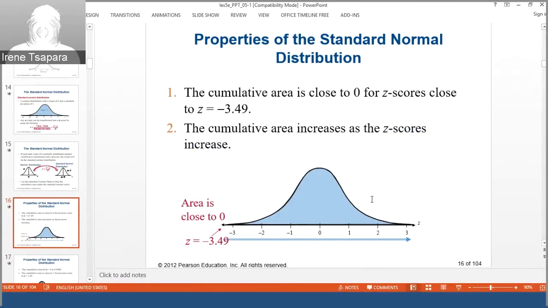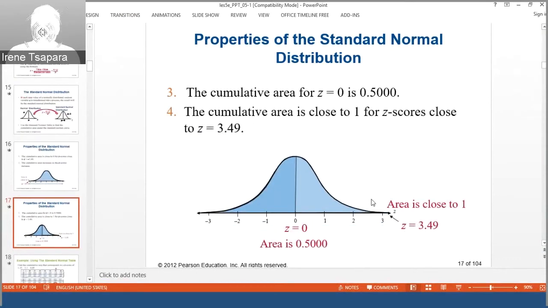So let's say the cumulative area is close to 0 for scores close to z equals negative 3.49. This is why the z-score table starts from negative 3.49 to positive 3.49. For anything else, you can assume that the probability is 0.